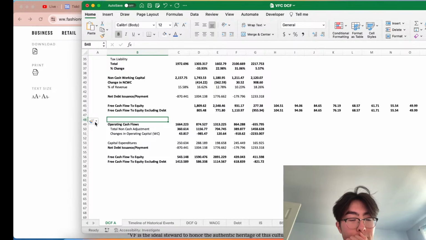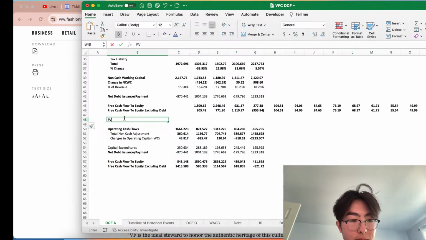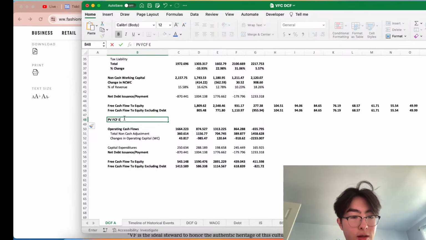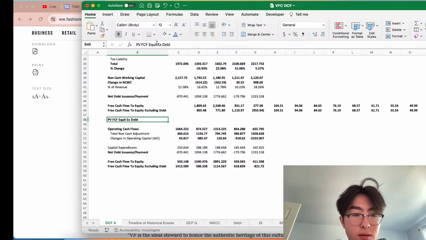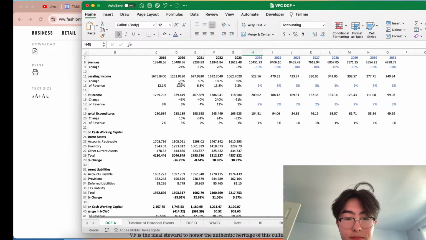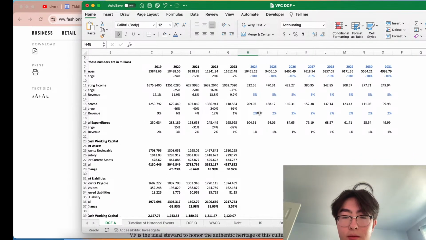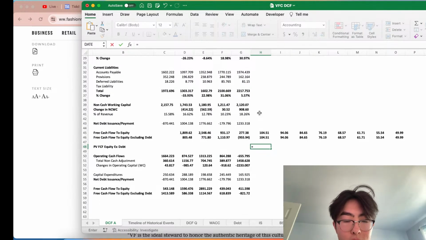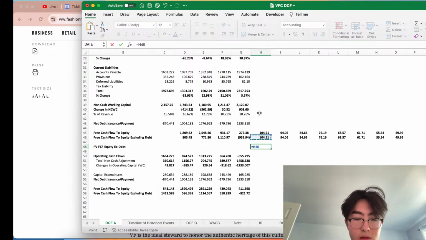See, we can maybe create a PV. So PV of free cash flow to equity. Times 1 plus our discount rate.